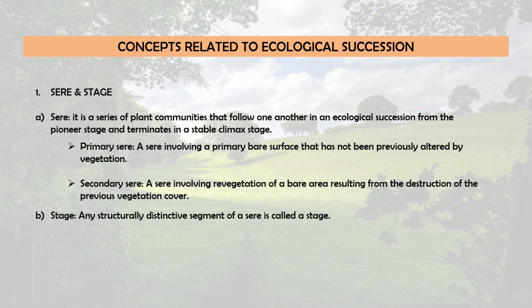So that level was called primary sere, and secondary sere is the revegetation of a bare area, which has resulted due to destruction of the previous vegetative cover, like fire or destruction by different anthropogenic activities.